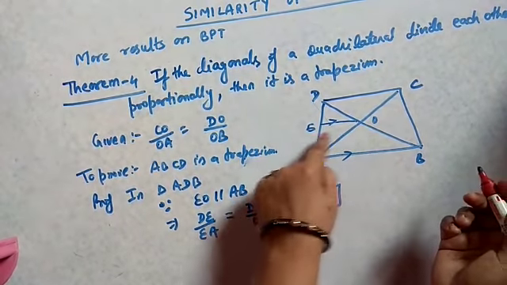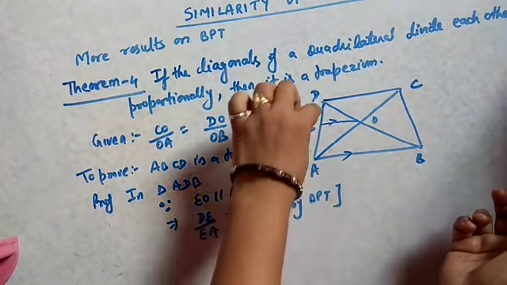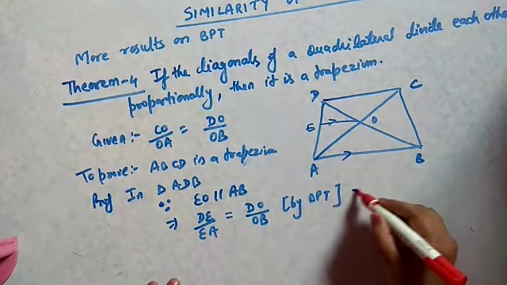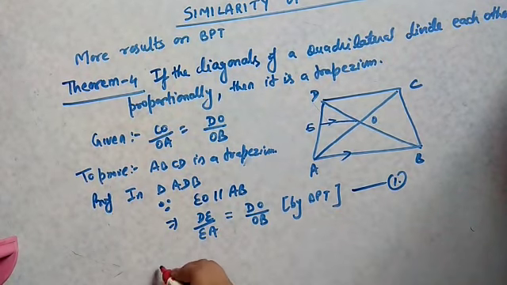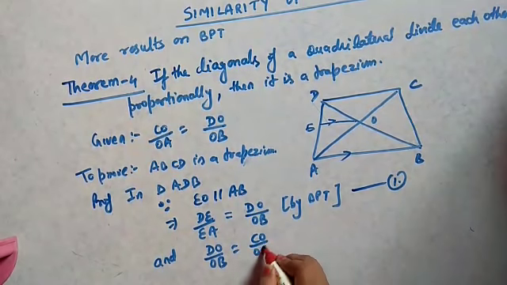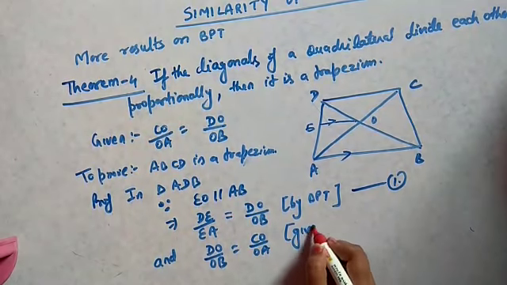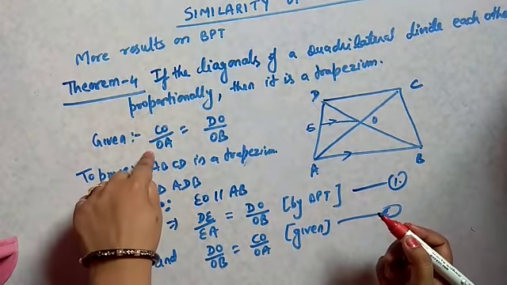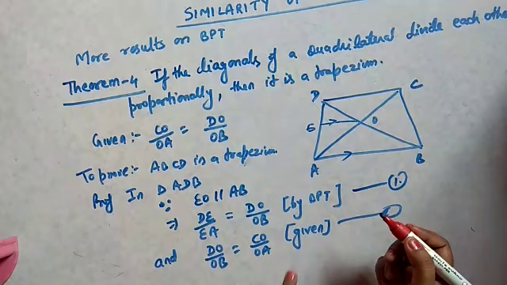Since EO is parallel to AB, we can write DE by EA equals DO by OB. This is equation 1. And it is given that DO by OB equals CO by OA.